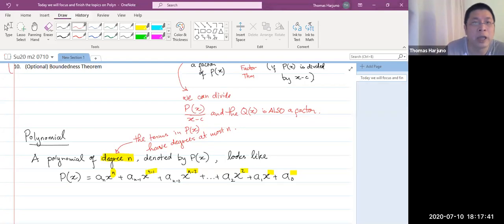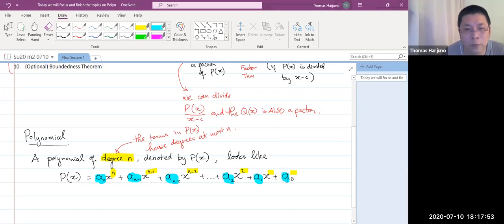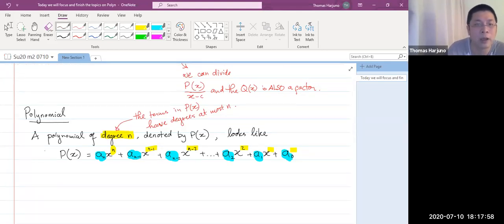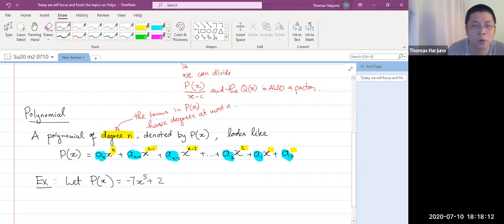Okay, and a sub n minus 1, a sub n minus 2, and so on and so forth, represent the coefficients of the term for that degree. So, for example, let p(x) equal negative 7x to the 5th plus 2x to the 4th plus, let's say, 3x squared minus 6x plus 9.